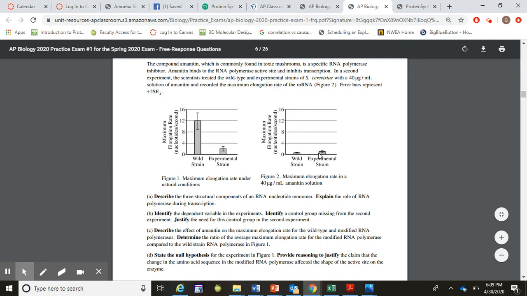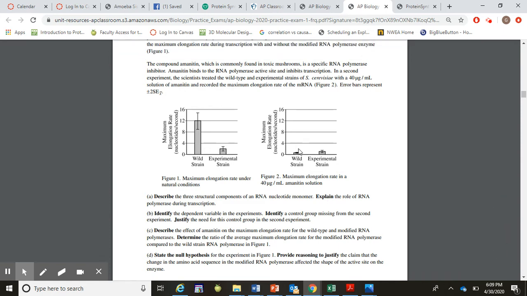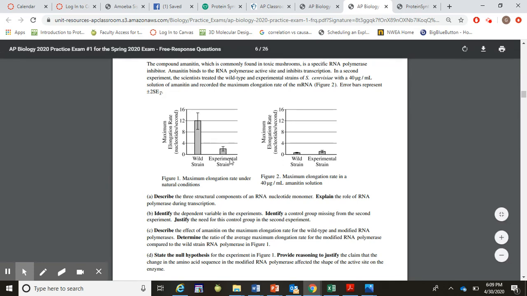So if we just had the experiment on the right, we wouldn't know if the amanitin was actually causing the elongation rate to be lower. We'd need to compare it to experiment number one. So a control group that you would have is either the wild strain or the experimental strain without being treated with the amanitin, so that you can know that the amanitin actually is affecting the rate of elongation.